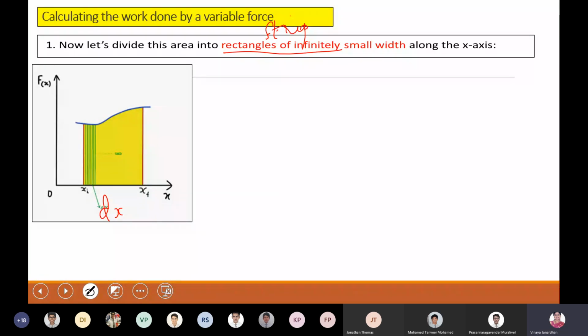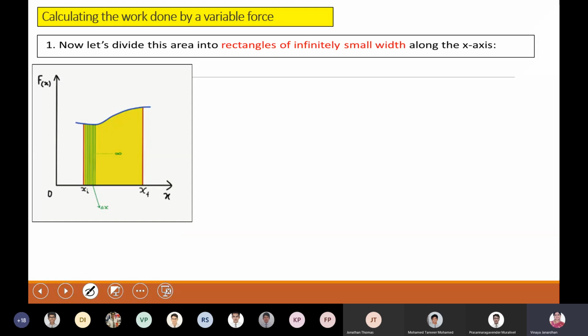This entire shaded area under the graph is divided into rectangular strips, and each strip has a thickness of dx. If I divide it into 1000 or 10,000 strips, I can find the work done with a greater degree of accuracy.